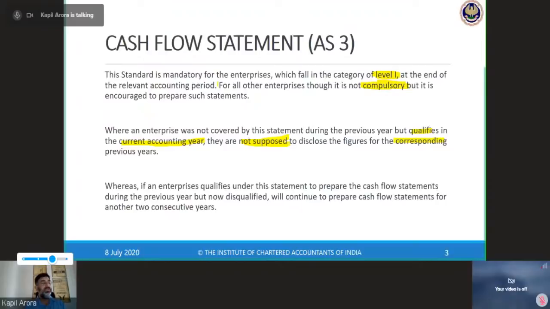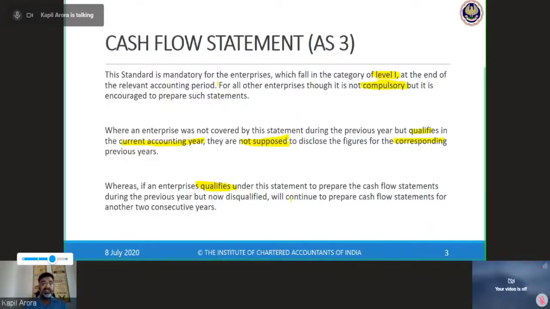Whereas if I talk about the opposite of that, the company was all other companies other than small and medium companies, but this year it became small and medium company and qualifies for not preparing the cash flow this year, if it is falling under the definition of small and medium companies.